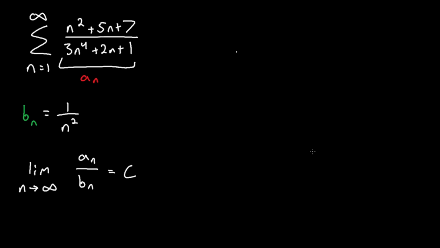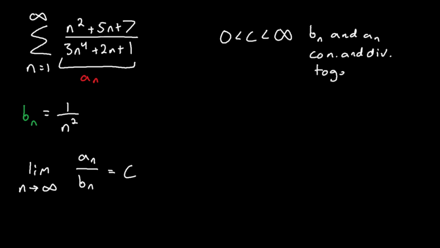If c is greater than 0 but less than infinity, basically your b of n and a of n converge and diverge together.